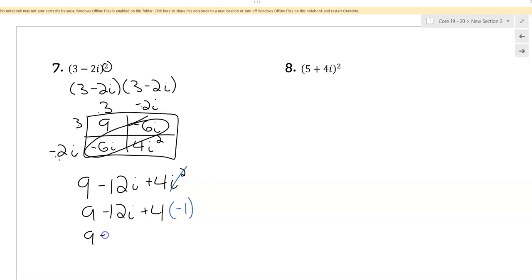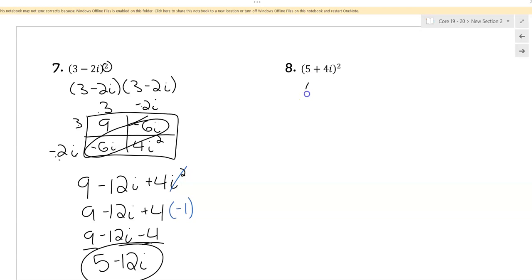So I have 9 minus 12i minus 4. I can combine 9 and minus 4, which is 5 minus 12i. Okay, so no different here. Let's just look at our last one, 5 plus 4i squared.